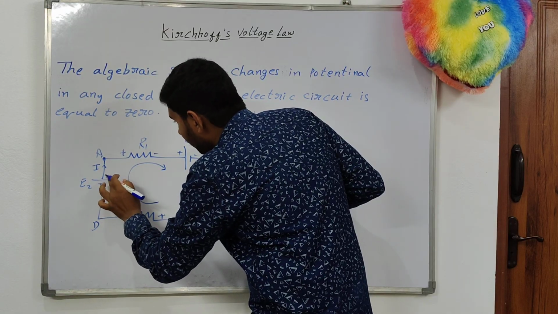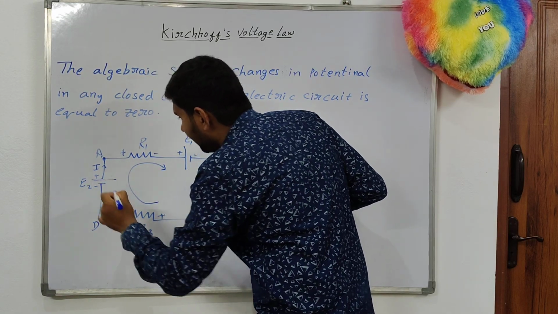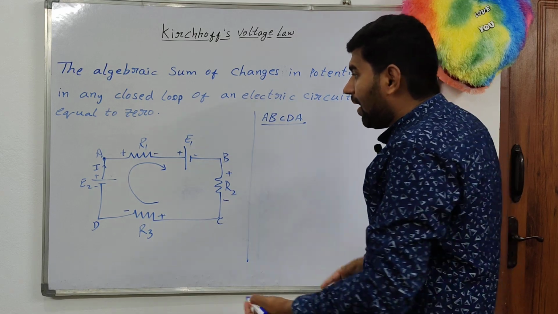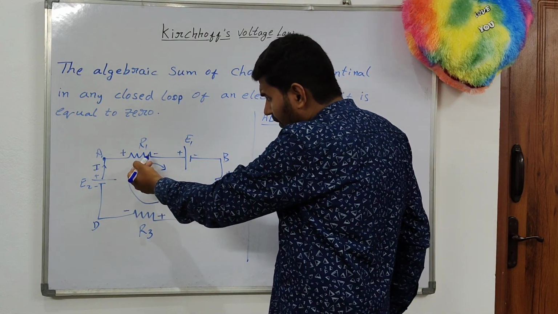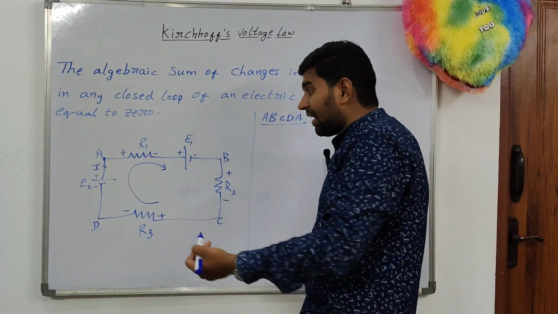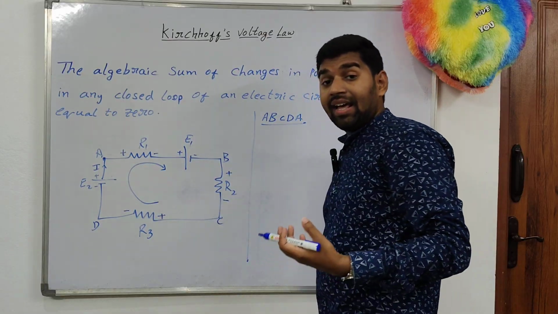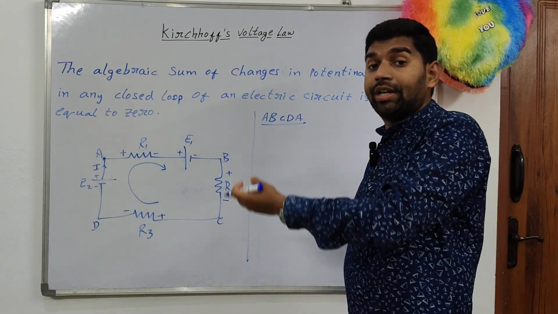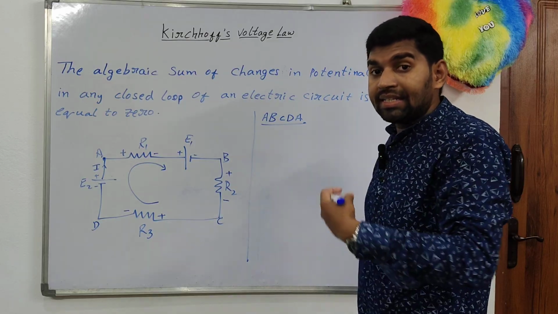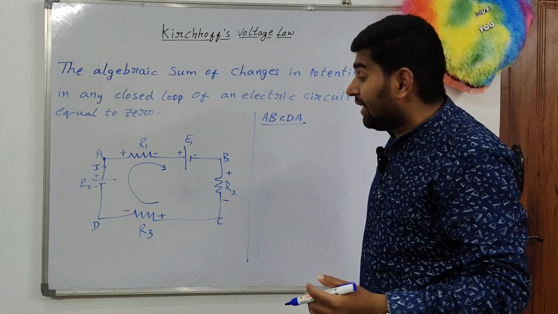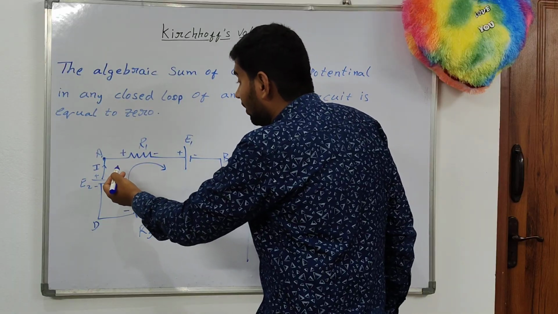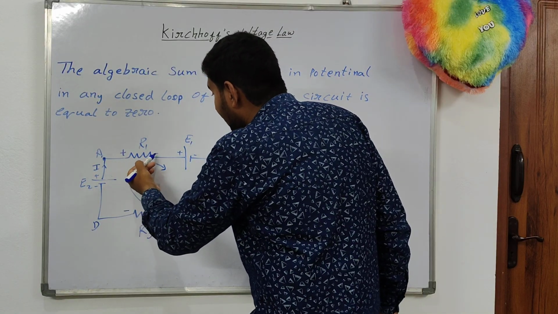Here it has a positive terminal and a negative terminal. Is that clear? The current passes from higher potential to lower potential. The traversing direction means the direction in which we are moving around the loop. The traversing direction and the current are both in the same direction, moving from higher to lower.